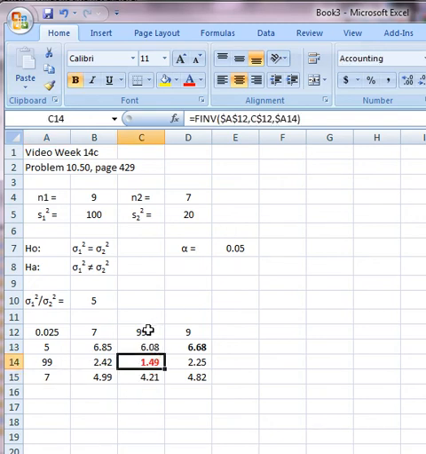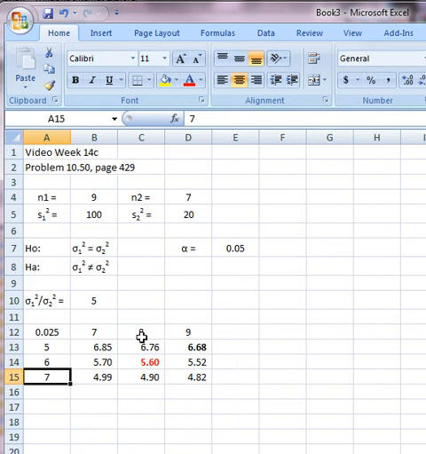So, even a value of, I don't know, 20 and 20 would allow us to agree that those two variances are equivalent, or are equal rather. But because we have such low values of n, such small sample sizes, we can't make that conclusion. We don't have enough information. Okay, that's how you do these problems.